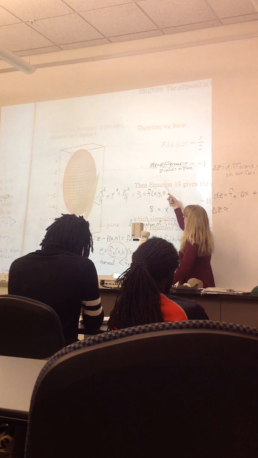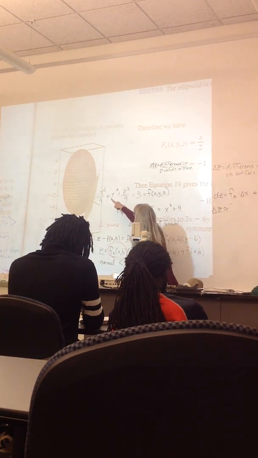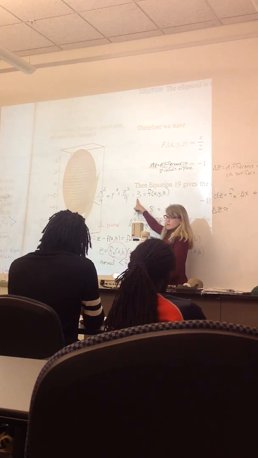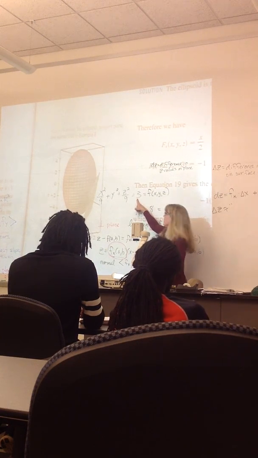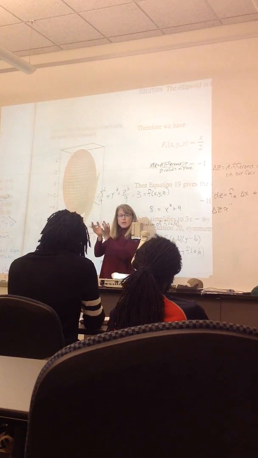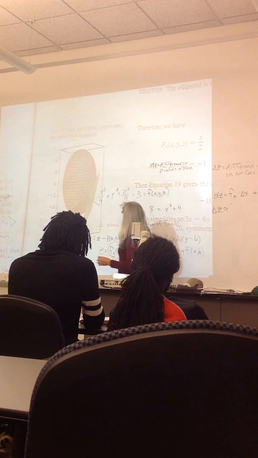Well, I could do the same thing with any function in any dimension, so you could treat this as a four-dimensional function where you just said, okay, I want the function to equal 3. This ellipsoid is the set of all the possible x, y, and z that would make this function equal to 3.